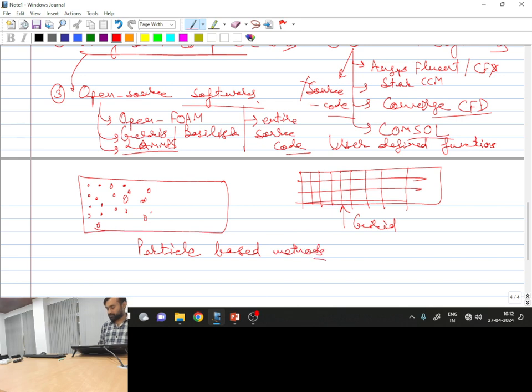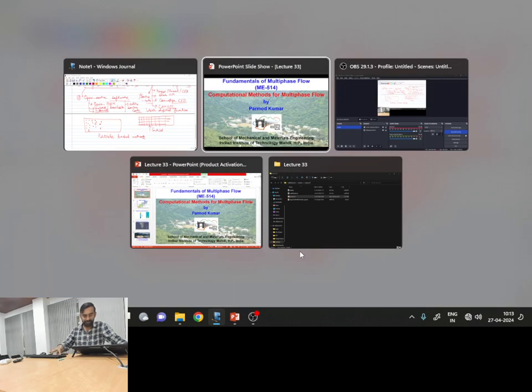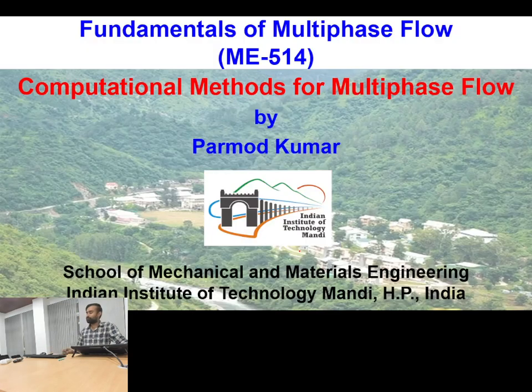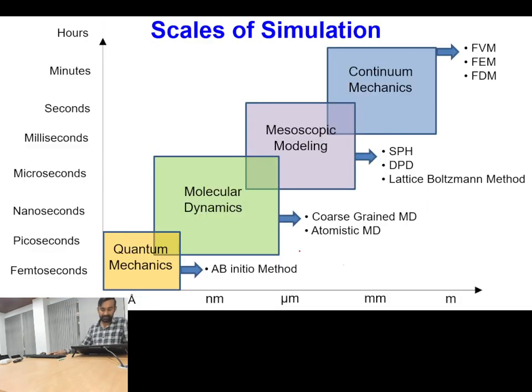The way we utilize our grid, in a similar way we can also utilize particles. So methods can be based on the grid based approach, or methods can also be based on the particle based approach, where your entire fluid is divided into a large number of particles and then we solve the behavior of these particles.